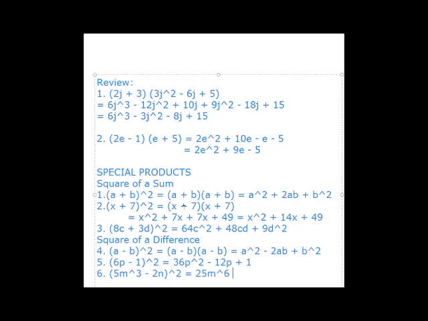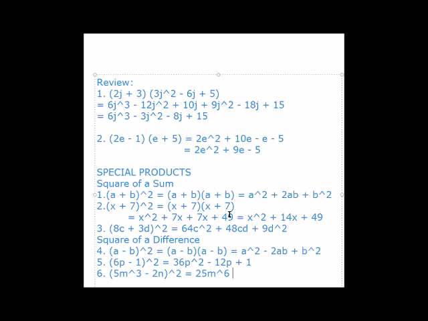5m cubed times 2. Yes. We have 5m cubed minus 2n, times 2n. 5m cubed times 2, times negative 2n. How much is it? 5m cubed times 2? 10m cubed. 10m cubed times negative 2n?